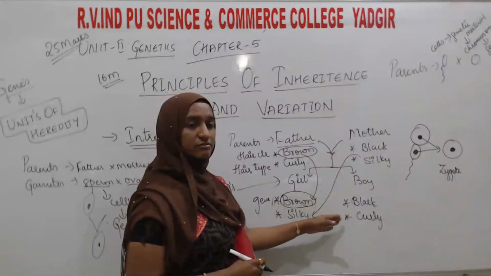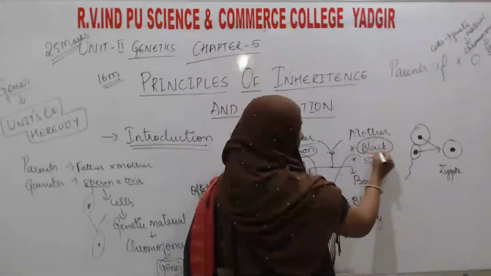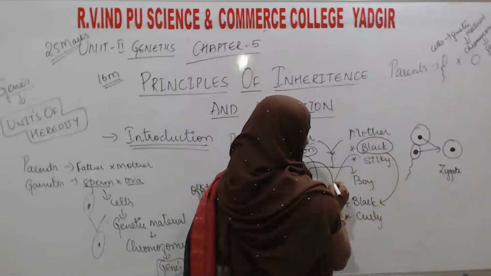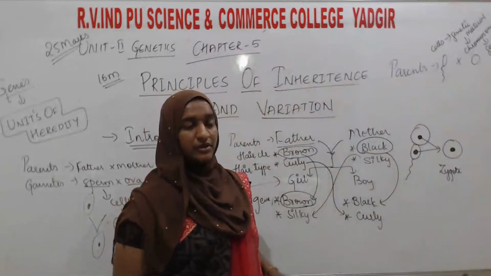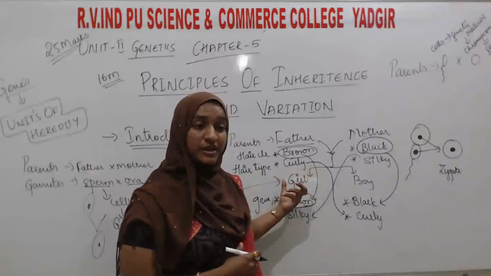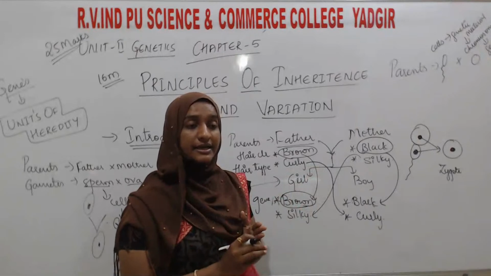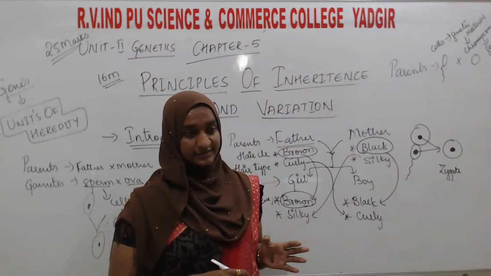Next you come to the boy child, where black color is the feature of the mother and curly hair is the feature of the father. Why I am explaining all these things: this is heredity, or one more thing, it is the inheritance.